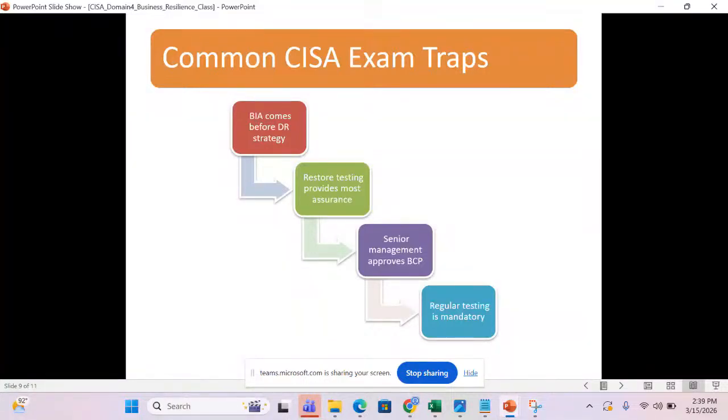Or for an organization that is trying to be business resilient, which of these would provide the best form of assurance? Which of these will provide the most accurate form of assurance? You have other options, then you have restoration testing. You need to know that restoration testing provides the best form of assurance whenever we talk about business resilience.